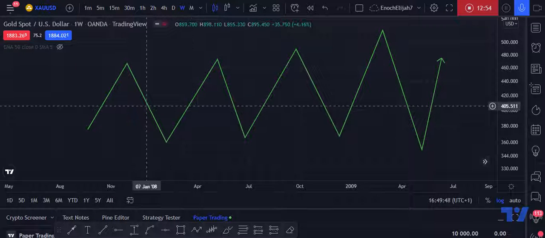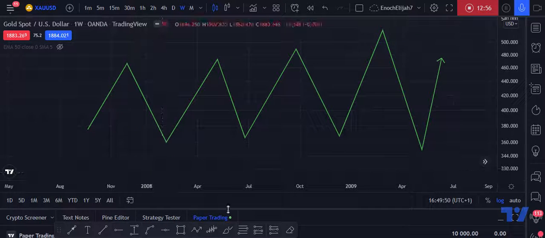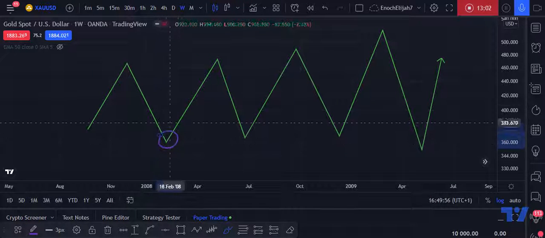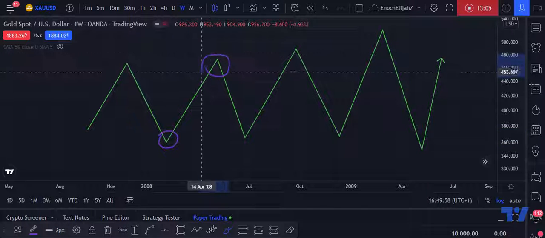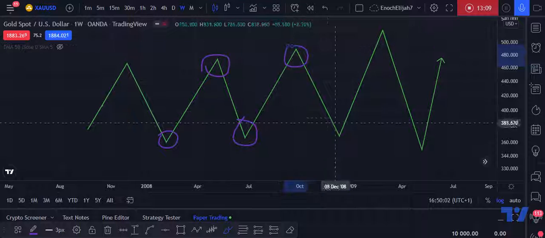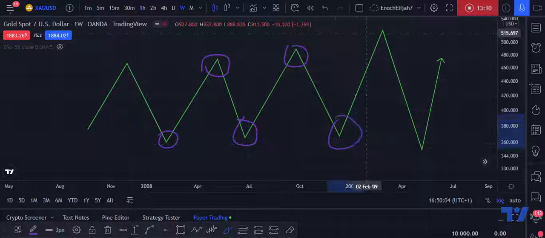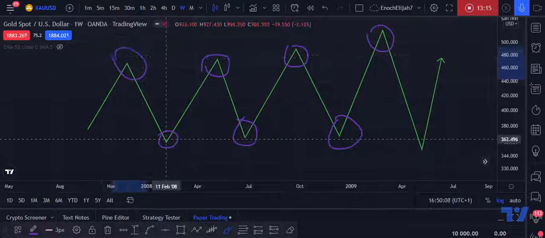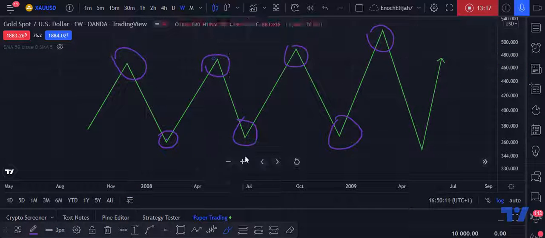So how do you trade this? You enter at the edges. You buy at this bottom, sell at this top here. You buy at this bottom, sell here, buy here, sell here.